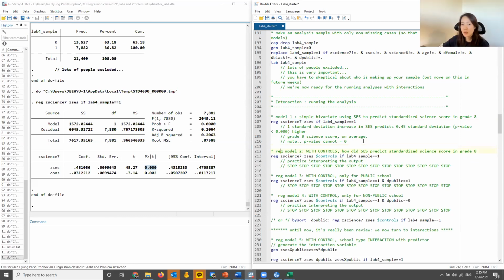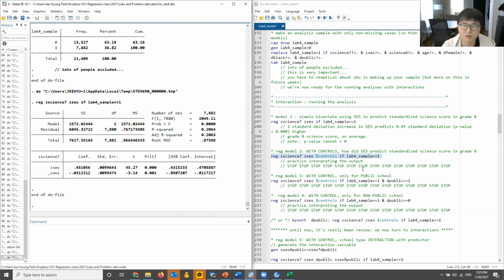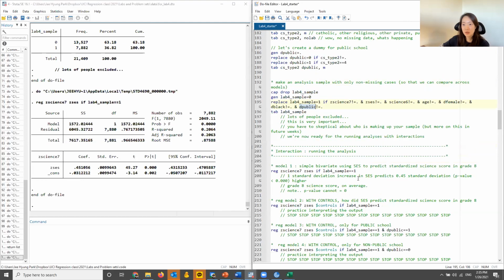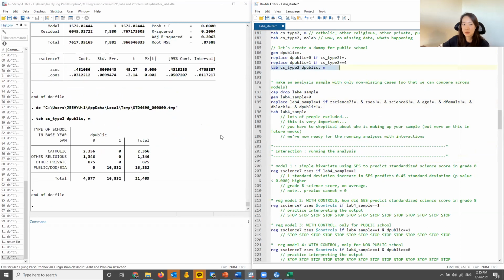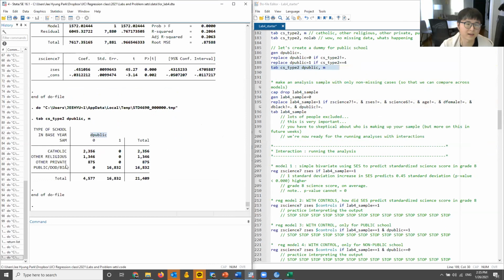I'm trying to understand what we're trying to look at for the regression. So the school type is our moderator. Yes. And we're looking at if they're in public schools or not. So that's why we replaced the dummy variable only if it's 4, which was public. And we're looking at whether they're Catholic or other religious. Right. So our public indicator just captures them here.